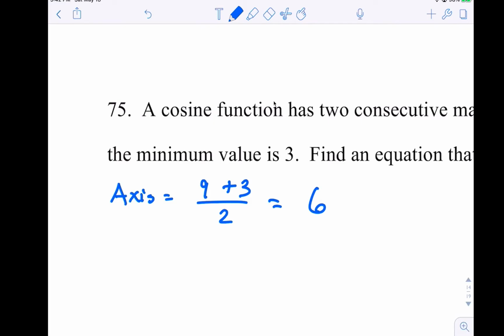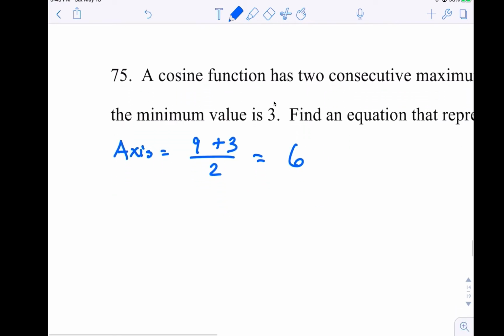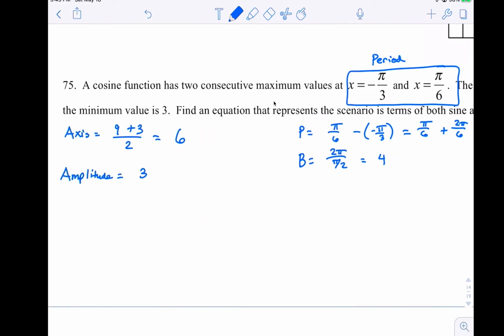That's going to give you your axis. So if 6 is my axis, the distance from the highest and the lowest point to the axis is 3. So the amplitude equals 3.